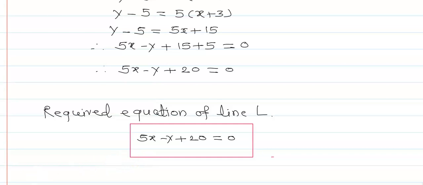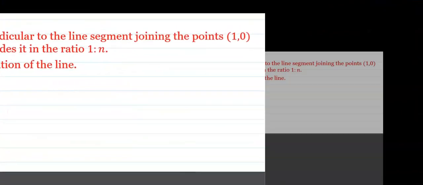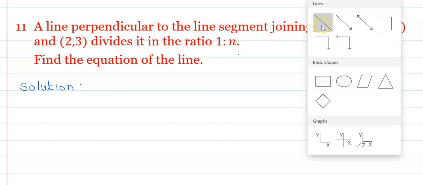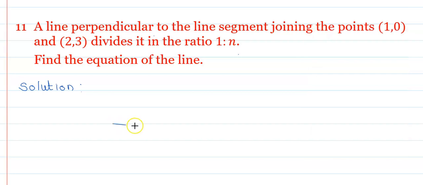Now the next problem. Find the equation of a line perpendicular to the line segment joining the points (1, 0) and (2, 3) which divides it in the ratio 1:n. First of all, here the segment. A point is (1, 0). Next B is (2, 3).